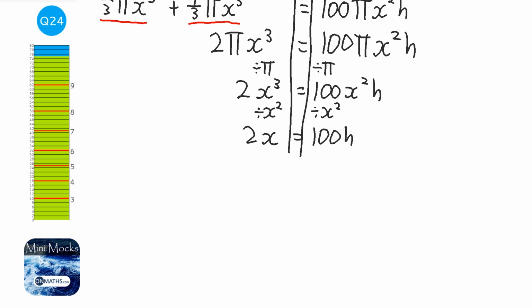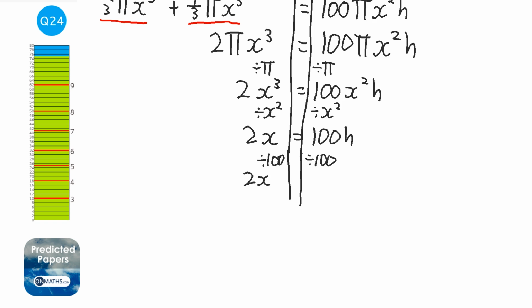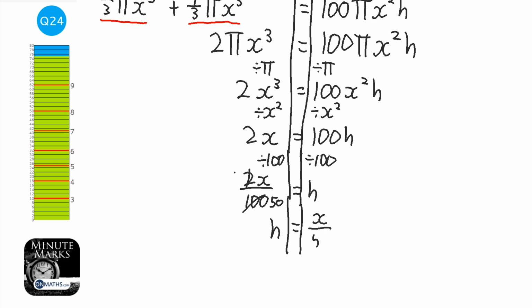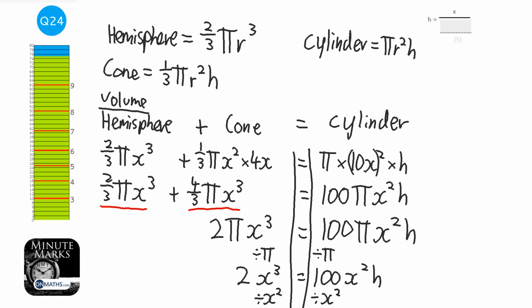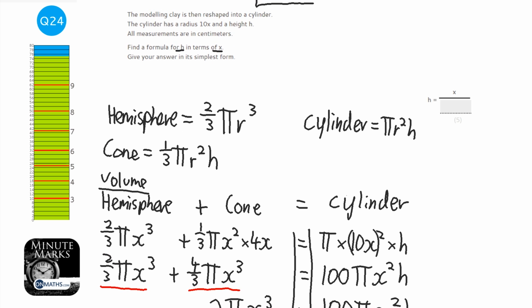So we can already see we're really close. So to get h on its own, we need to divide both sides by 100. And that's going to be 2x over 100 equals h, or h equals, and we can cancel the 2 and the 100. We can divide them both by 2. Equals x over 50. So our answer is h equals x over 50.